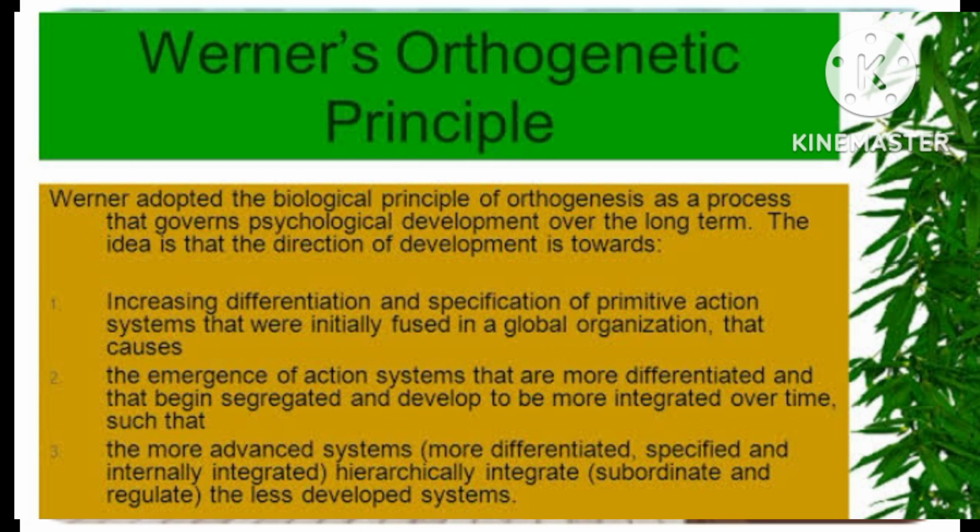Second is the emergence of action systems that are more differentiated, that begin segregated and develop to be more integrated over time. Lastly, the more advanced systems, more differentiated, specified, and internally integrated, hierarchically integrate, subordinate, and regulate the less developed systems.